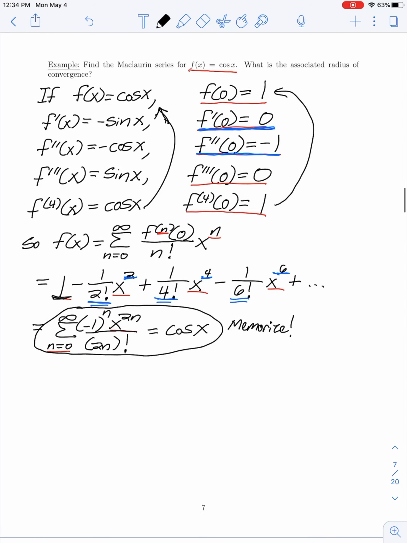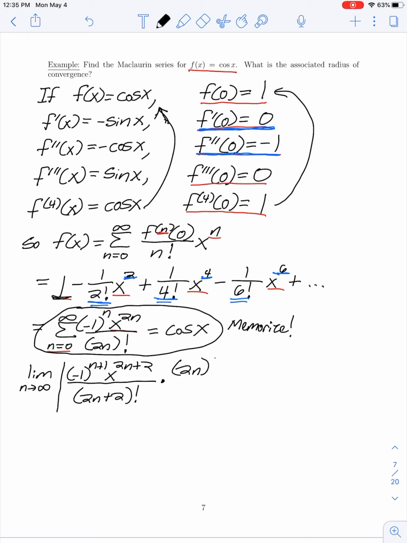Now in the last part of this example, again, we're asked to determine the radius of convergence. So making use of the ratio test, we're looking at the limit as n approaches infinity of the absolute value of negative 1 to the n plus 1 times x to the 2n plus 2 over 2n plus 2 factorial, divided by the nth term, or multiplying by its reciprocal.